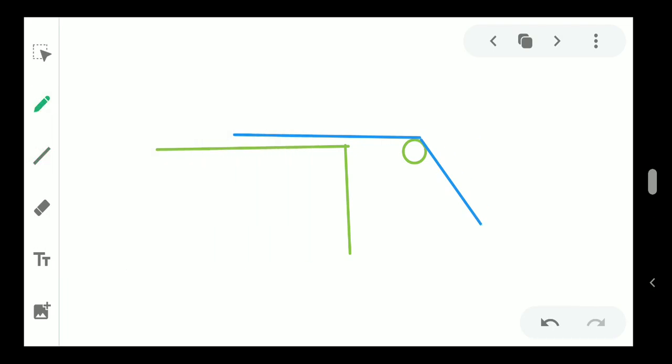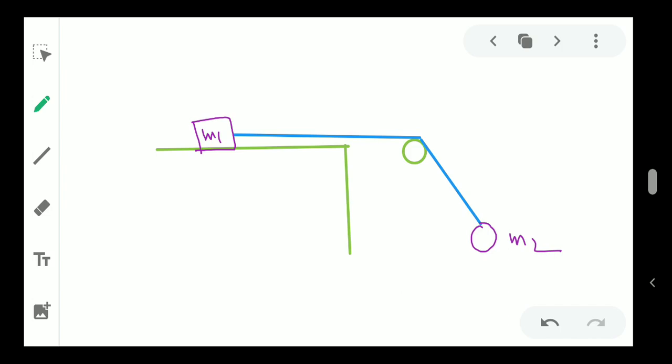Let's say there is a block, and there is some ball having some weight, say this is m2 and this is m1.